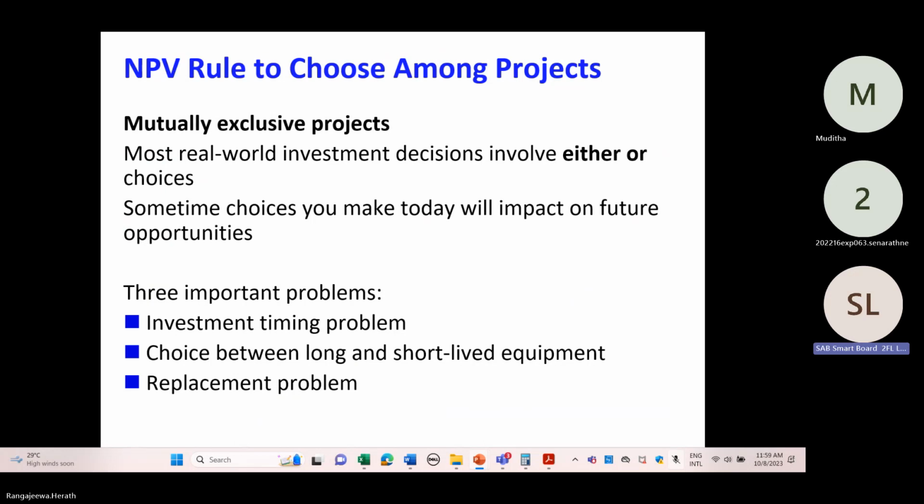Mutually exclusive projects. Most real world investment decisions involve a choice, right? Sometimes some practical problems arise with this: investment timing, choice between long run and short run, replacement.